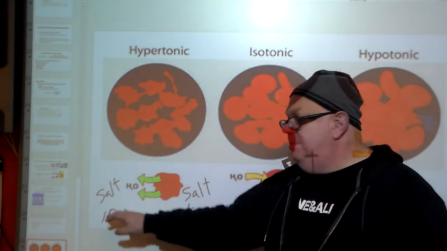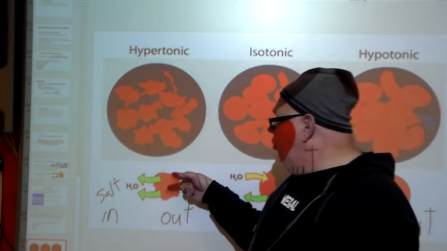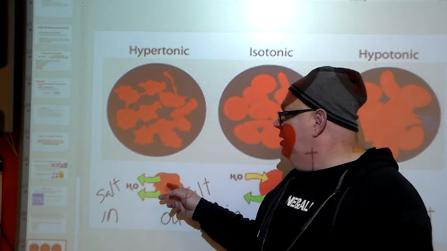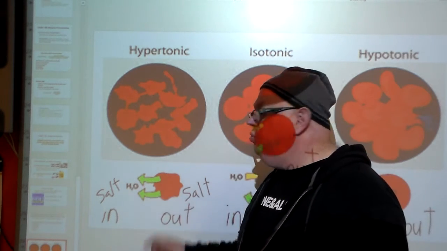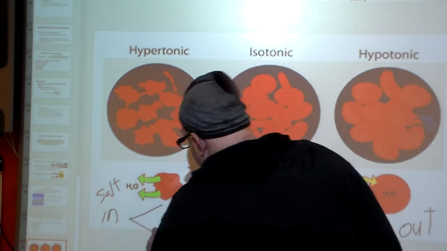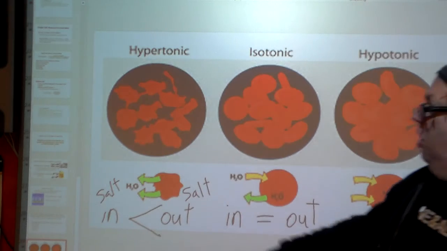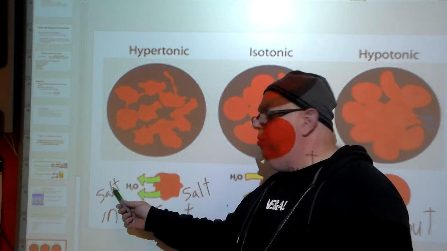Now, what's happening here? Okay? The deal is this. You notice how the water is rushing out of the red blood cell into the surroundings. So wait a minute. Which one has more salt? The outside has a lot more salt compared to the inside. So why is the water rushing out?